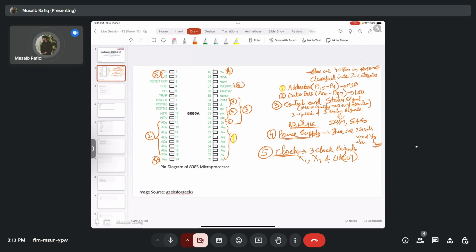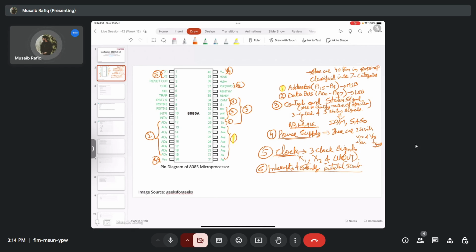At number 6 we have interrupts and externally initiated signals. So what are these?